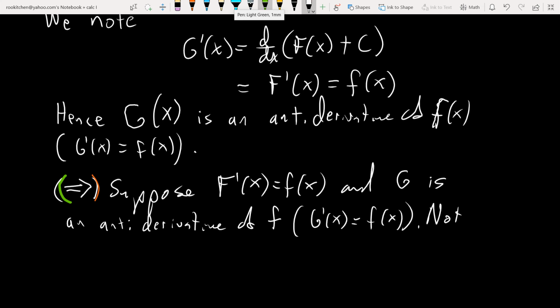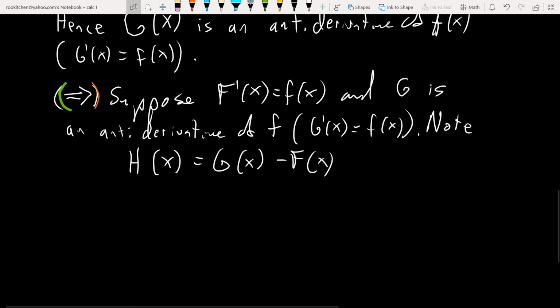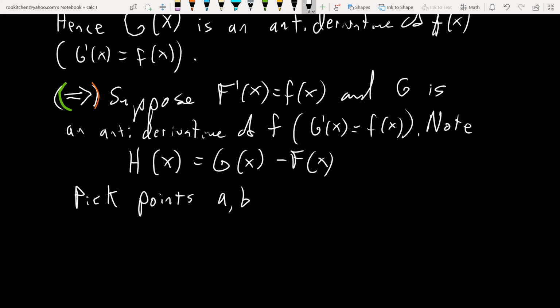So note this new guy, we'll call h of x, equals g of x minus F of x. And then I have to go back to the interval I where all this stuff works. I'm going to pick two points in I. So pick points a, b in this interval I such that a is less than b.